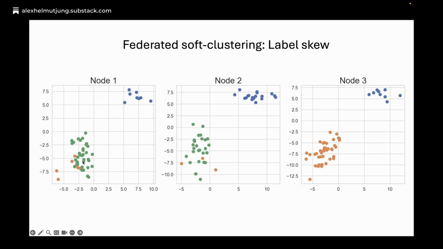This node has access to the data points from this green component and the blue component, but there are a few data points from the orange one. And the situation is different for this third node. So it is expected that if you try to learn 3 components on this node, that will fail, because you just don't have enough data points to actually learn this component.